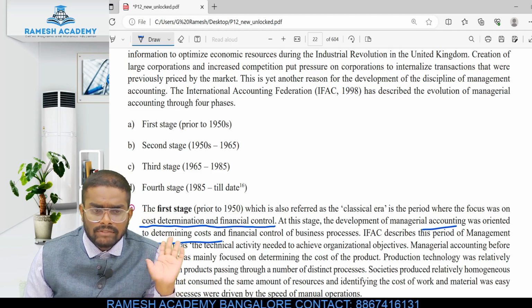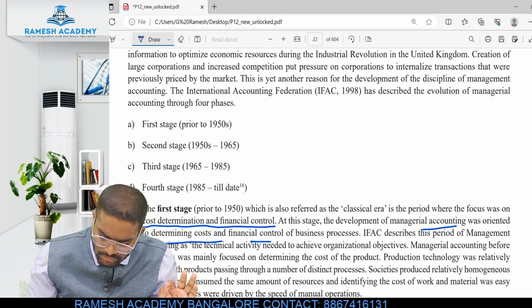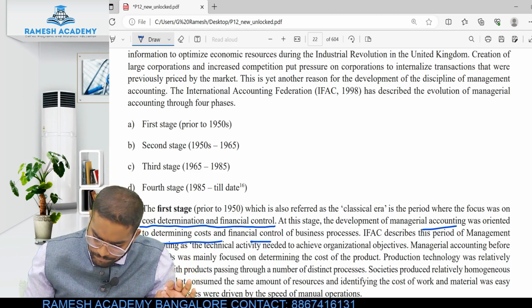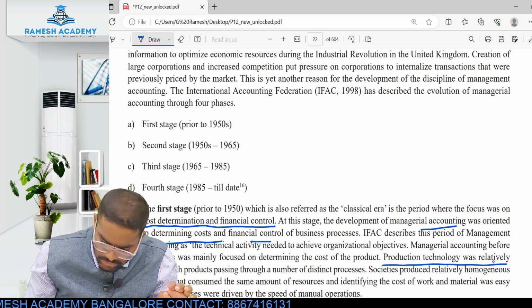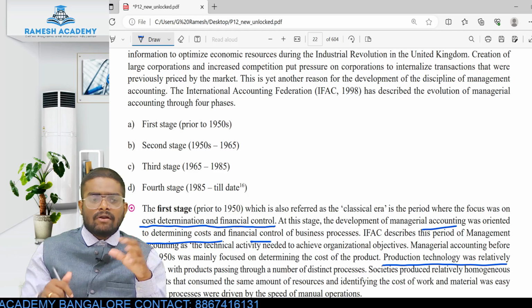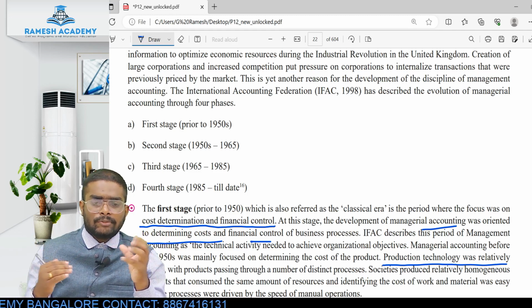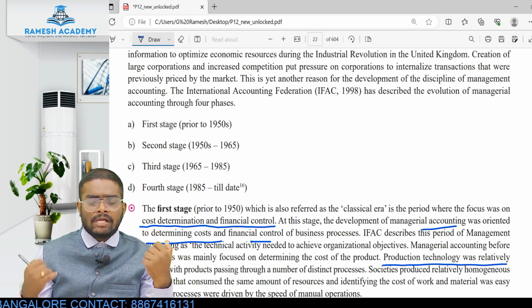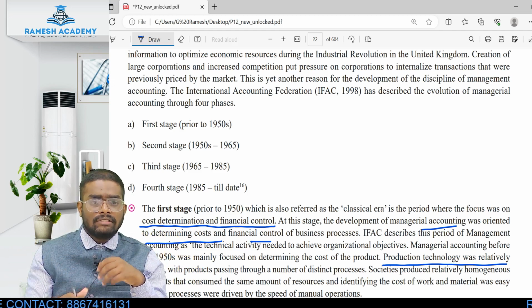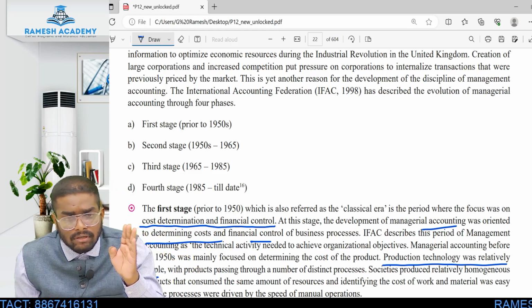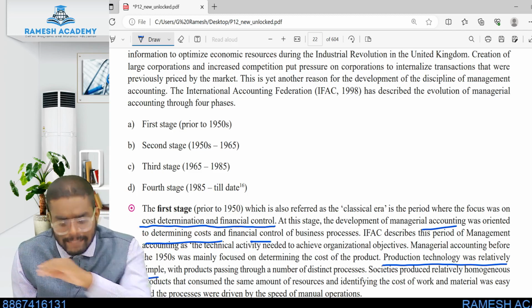They were only concerned with determining cost and financial control of the business processes. And here the production technology was relatively simple because we were not having all those concepts, just in time, target costing, balance scorecard. We didn't have those concepts in the earlier stages. This was introduced at the later part.